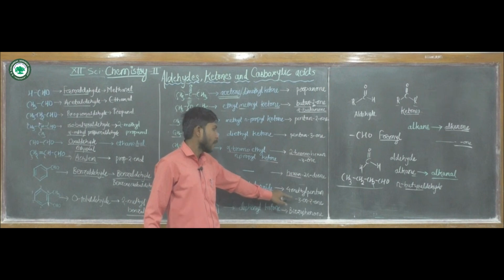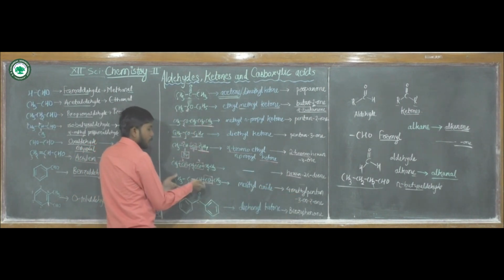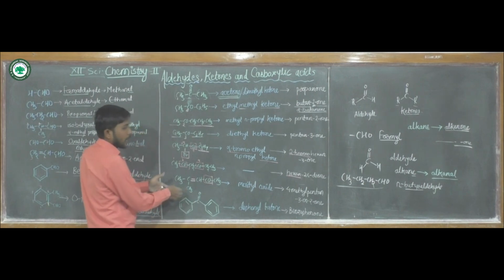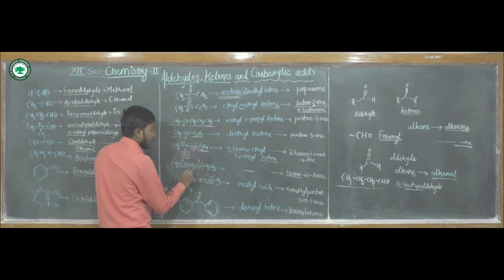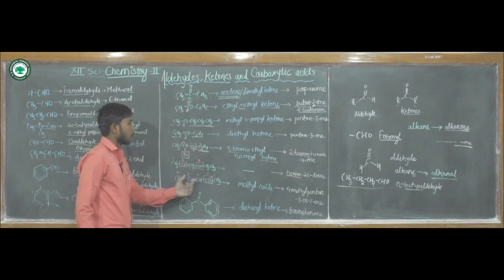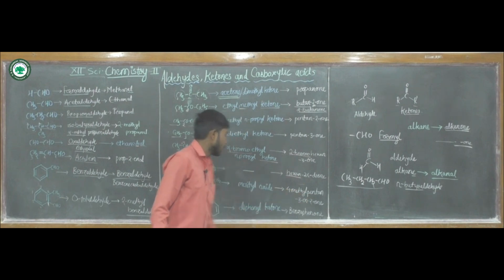While in IUPAC, we give the numbering from the carbonyl carbon: first, second, third, fourth, fifth. At the fourth carbon atom there is a methyl, that's why 4-methyl.